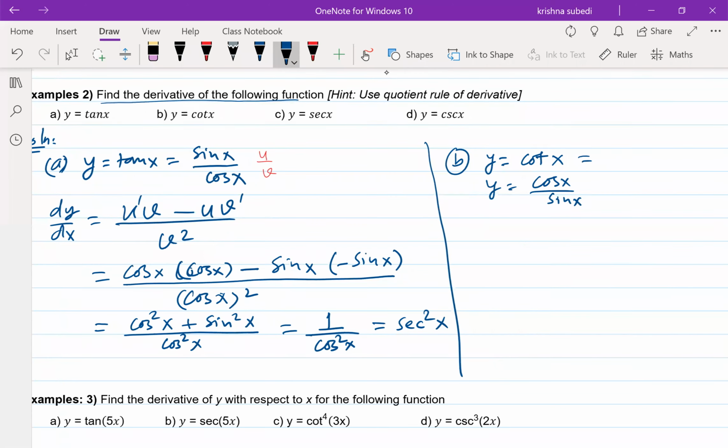So this one is your u and v, and you know the formula, u prime v minus u v prime over v squared. And guys, I leave it to you. I'll wait for you guys, okay?